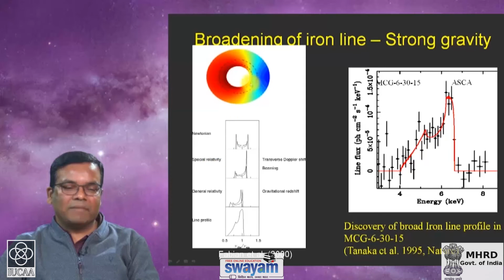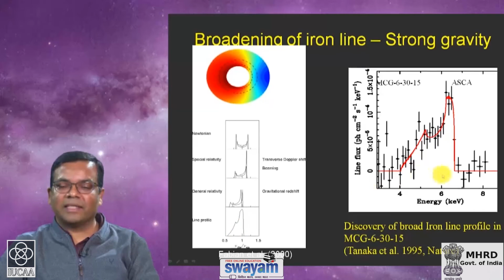And because the line emission is arising in the immediate vicinity of the supermassive black hole, one has to use the effects of general relativity. General relativity shifts and broadens the entire line and shifts the line to the redward side. And if you sum such line emission from all the rings, then you get a broadened, skewed relativistic iron line which looks like this.